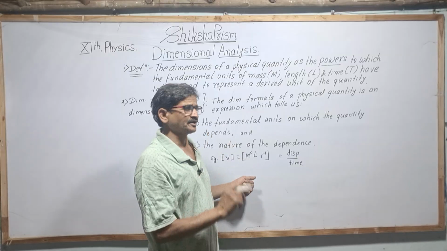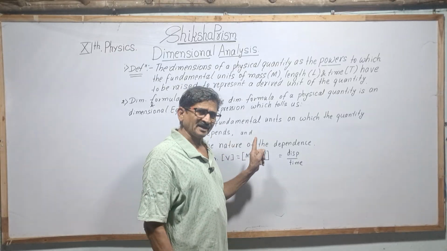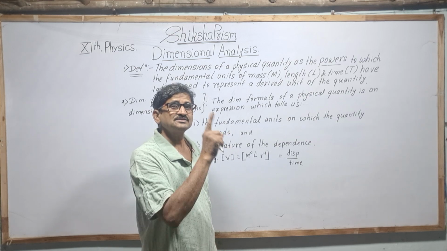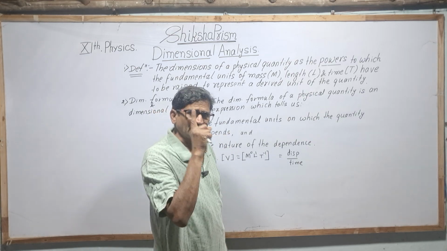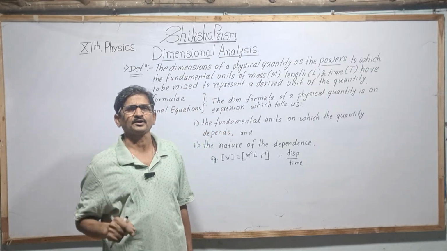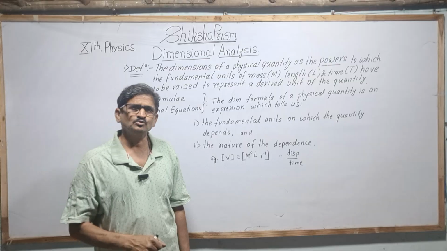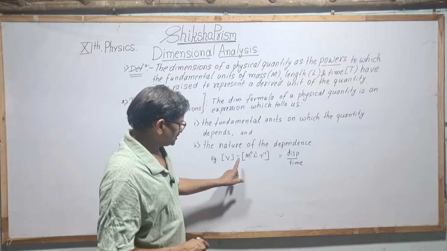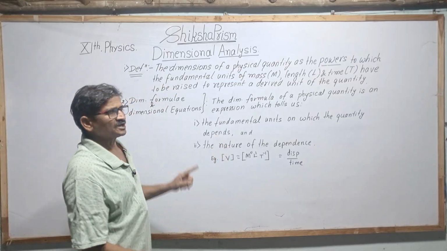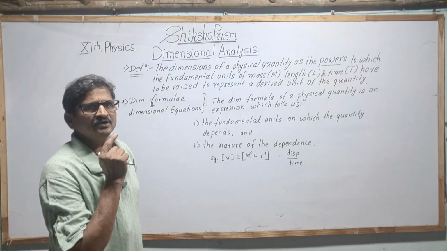Plus means in the numerator. And T to the power minus 1 means it also is present 1 time in the derived quantity, but in the denominator. Minus means denominator, inversely proportional. So this is the clear concept of dimension analysis.